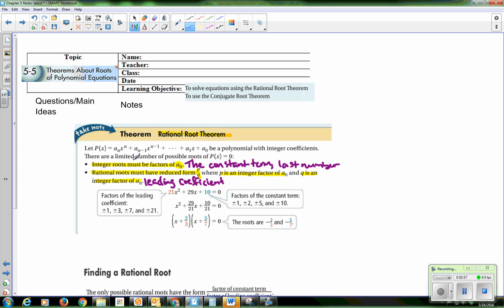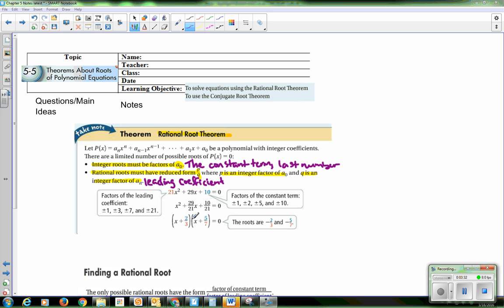Now, the root of this polynomial is going to be a combination of p values, which is this guy, over q values, which are these guys. Then you can confirm by graphing, or in this case, they divided everything by 21 and factored.